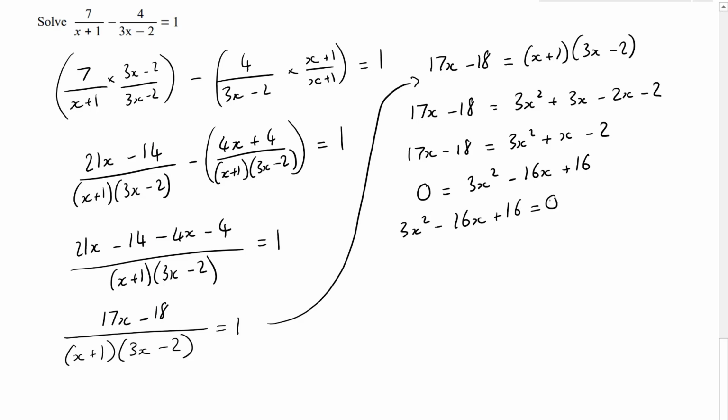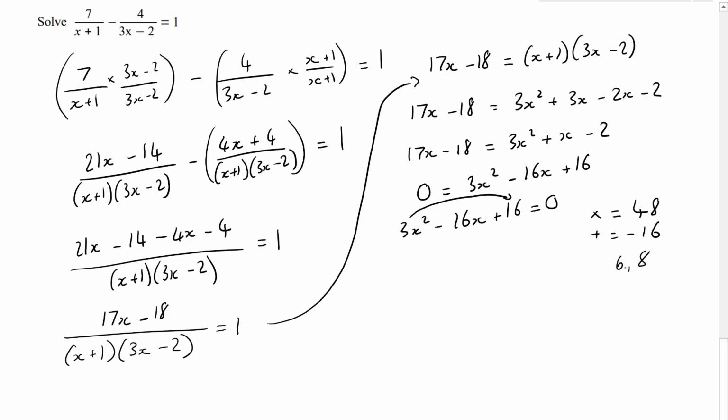So our initial idea would be to try and think of things that can factorize to get to this. If I tried to find things that factorize, I'd be looking for two numbers that multiply to get 3 times 16, which is 48, and add together to get minus 16. Things that multiply to give me 48 are going to be things like 48 and 1, 16 and 3, but also things like 6 and 8.